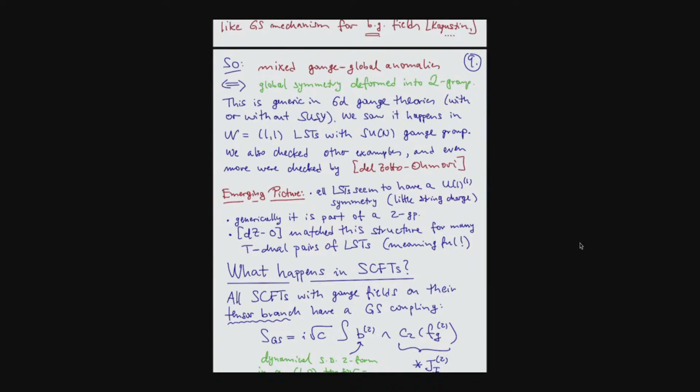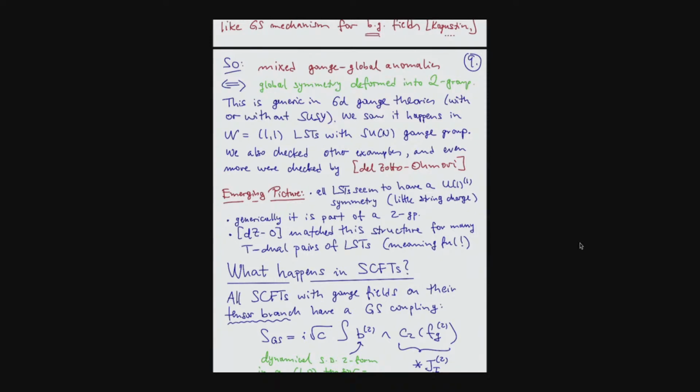Now, it's not difficult to believe that this is very generic in 6d gauge theories. 6d gauge theories are generically chiral. And we saw that this phenomenon even happens in the (1,1) little string theory, or the (1,1) maximally supersymmetric Yang-Mills theory, which is about as non-chiral as it gets. And even there you encounter this phenomenon.